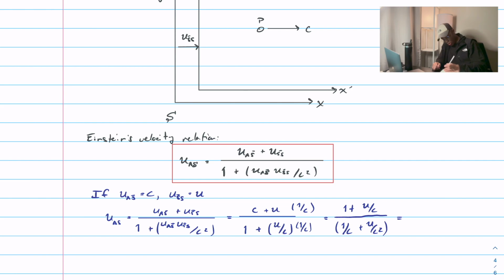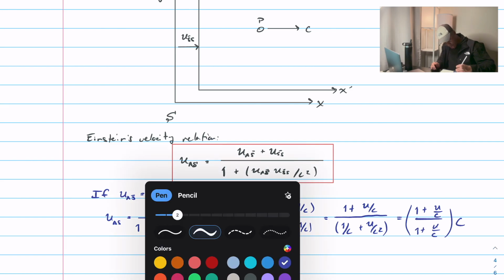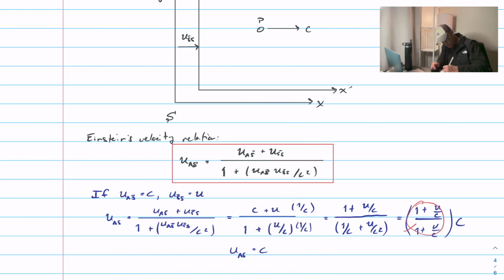So this is equal to 1 plus u over c over 1 plus u over c. Since we have that factor of 1 over c in the denominator, we can multiply by the reciprocal and therefore have c here. Then u_AS is equal to c, because this term just goes to 1. And so here, it works.